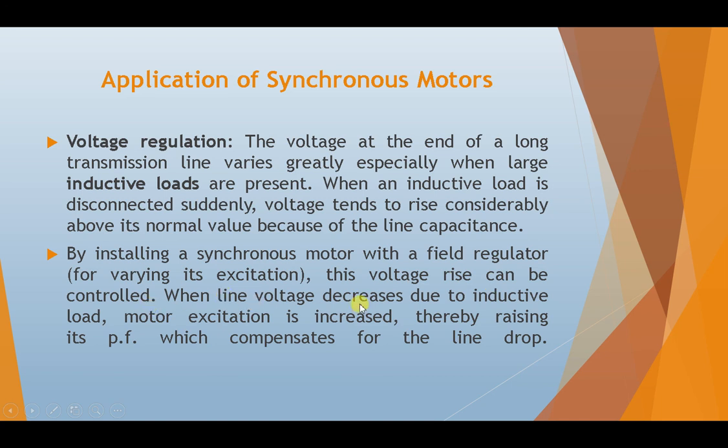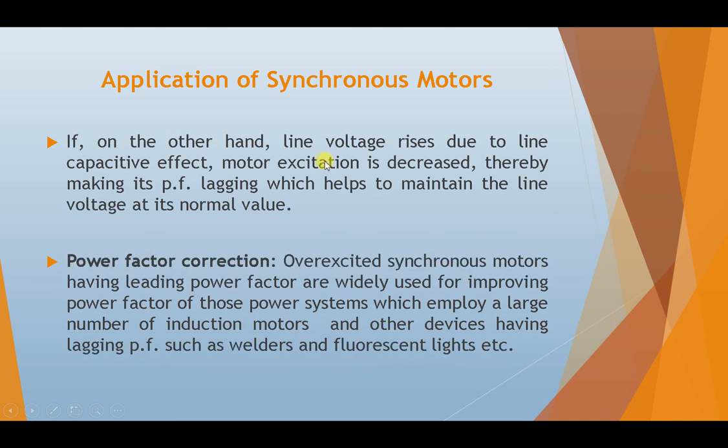When line voltage decreases due to inductive load, motor excitation is increased, thereby raising its power factor, which compensates for the line drop. On the other hand, when line voltage rises due to the line capacitance effect, motor excitation is decreased, thereby making its power factor lagging, which helps to maintain the line voltage at its normal value.